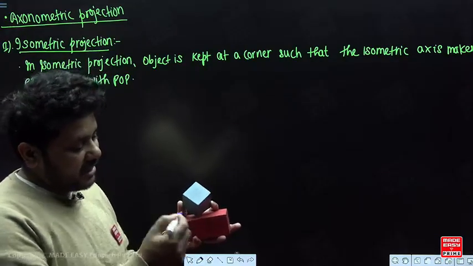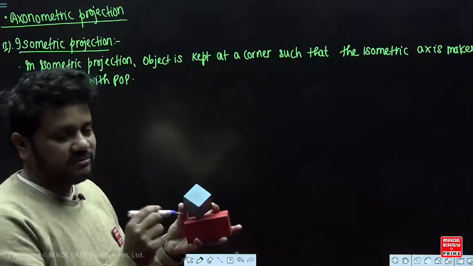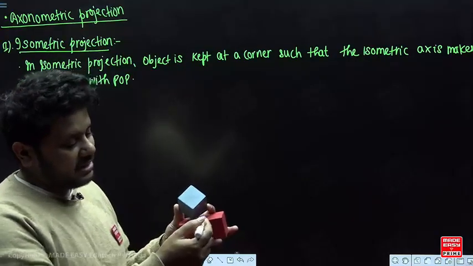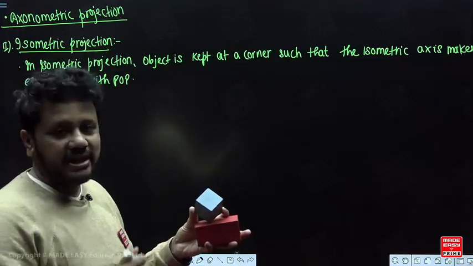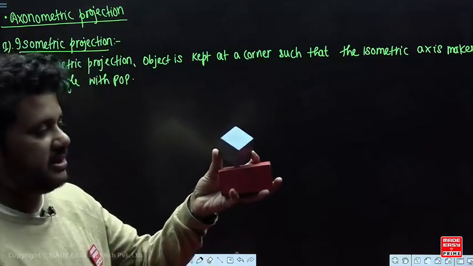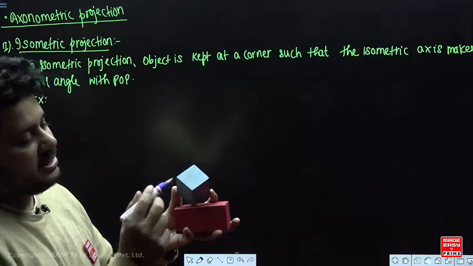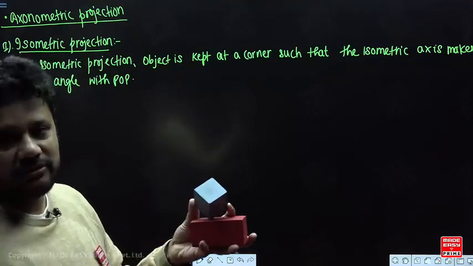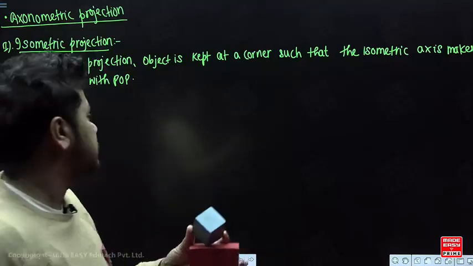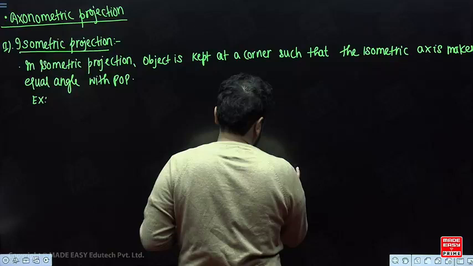This angle and this angle must be the same, then only this length, this length, this length will be equal. So if this angle and this angle are the same, all the three sides will become equal. Such type of projection is called isometric projection, right? So how will the object look? This will be seen, this will be seen, and this portion will be seen, isn't it? So let me draw it. So in isometric projection, the object is something like this.